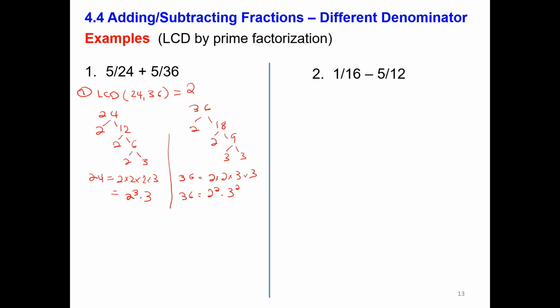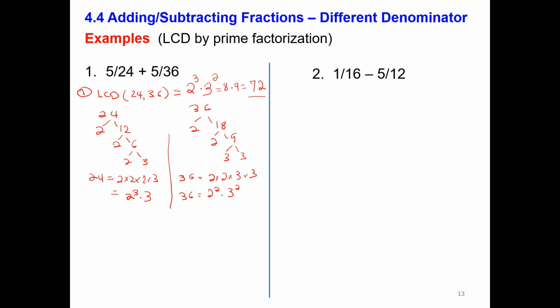Now, which factors have the higher power? 2 to the second, 2 to the third, so we select 2 to the third. 3 to the first power, 3 to the second power, so we select 3 to the second. 2 to the third is 8, times 3 to the second power is 9. Then the LCD is 72. Yes, this is the LCD.